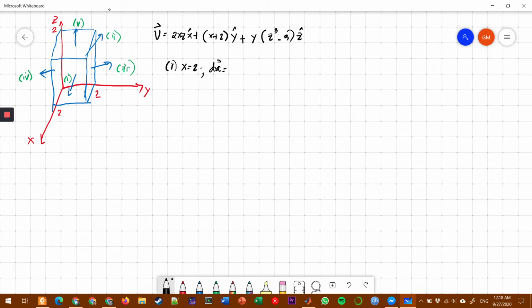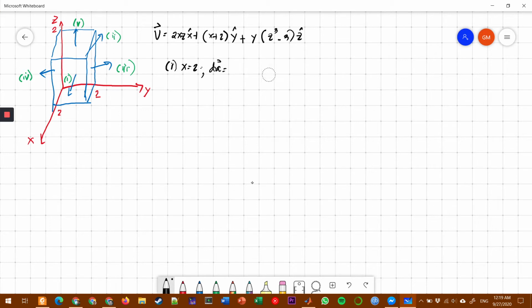The area is the area of this square, length times width.